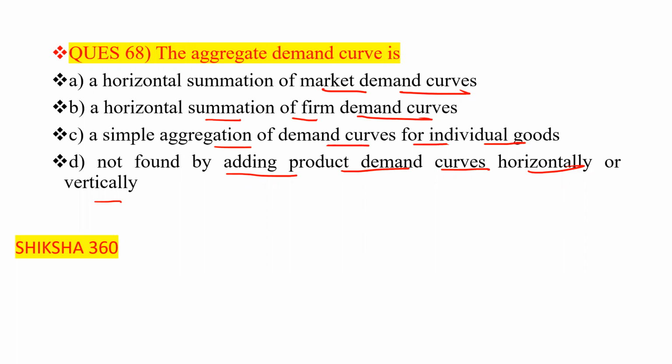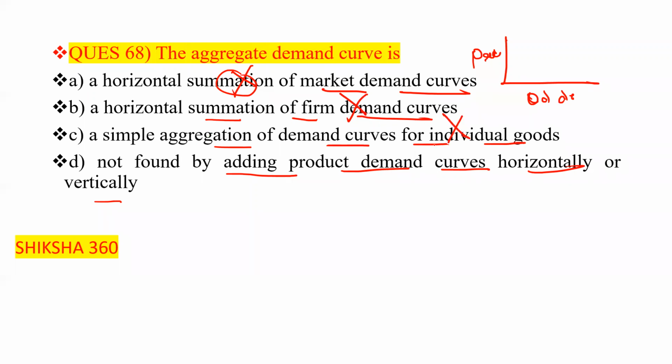We know that the demand curve is the relationship between the price and the quantity demanded. So is it a horizontal summation of market demand curves? No. Horizontal summation of firm demand curves? Not. A simple aggregation of demand curves for the individual goods? Not.